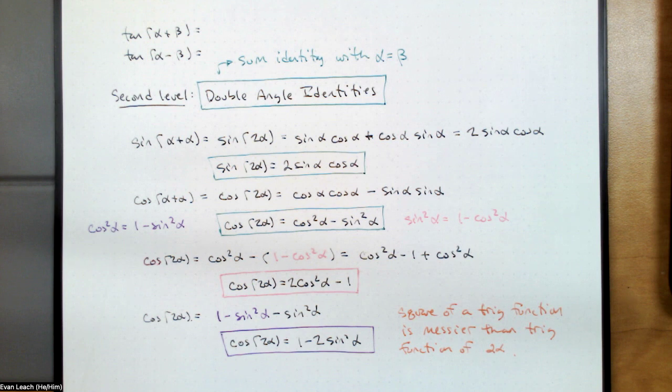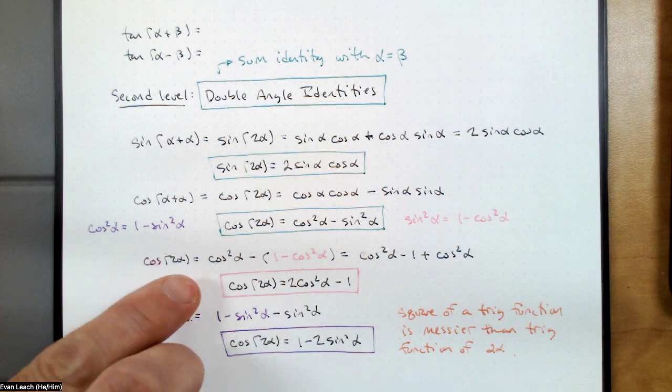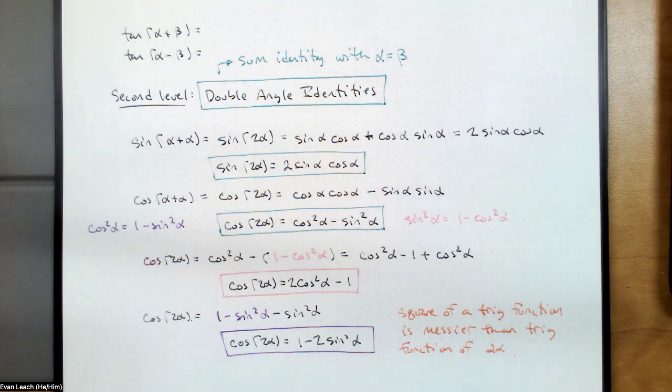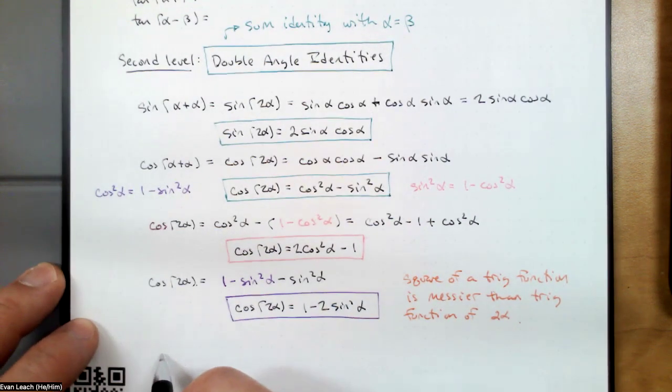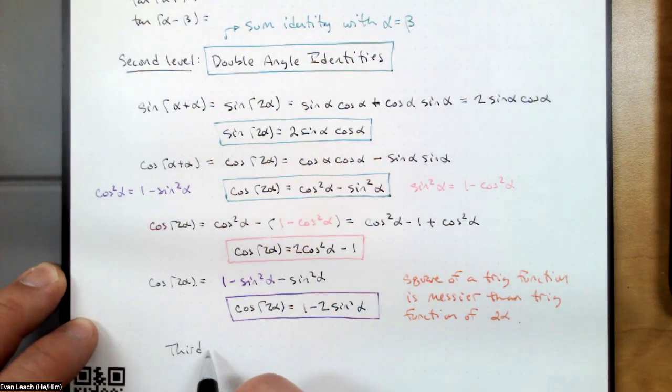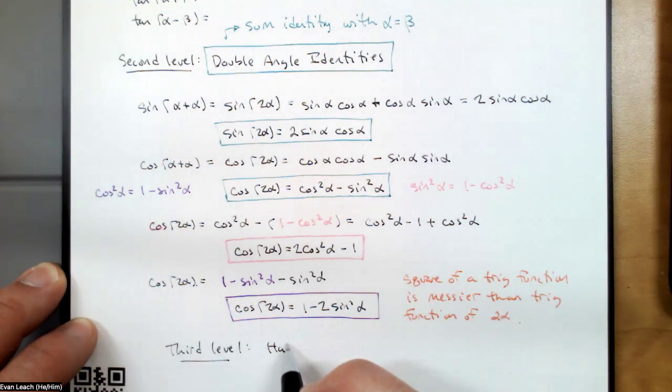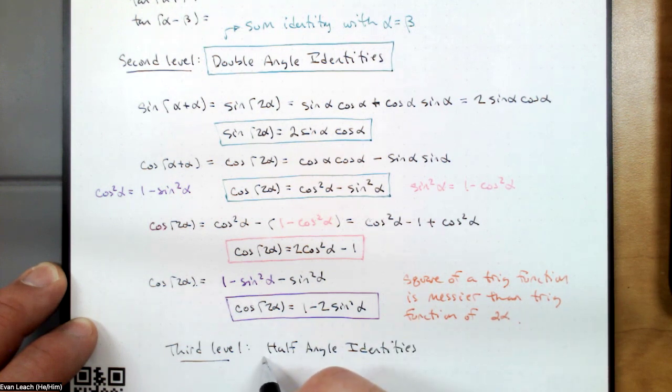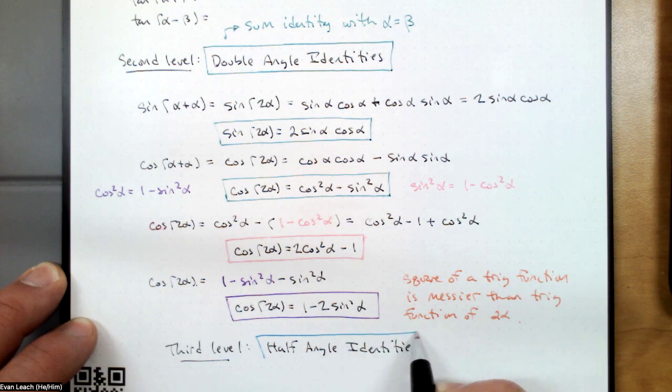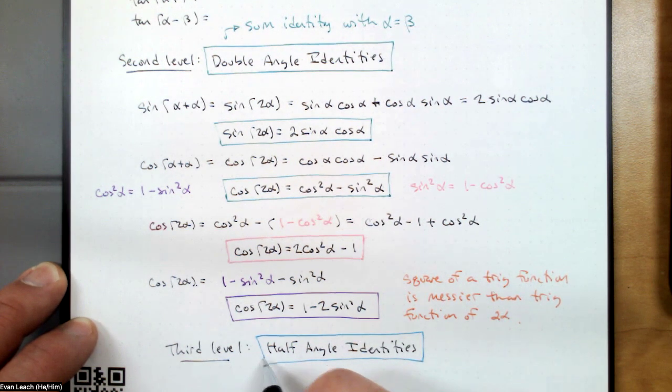The next level would be half angle identities, which is just taking these two double angle identities and turning them around, solving for the alpha parts. So that's a new category of identity, a half angle identity.